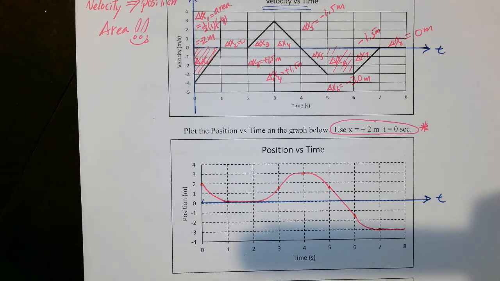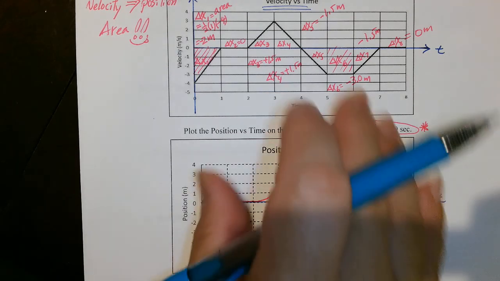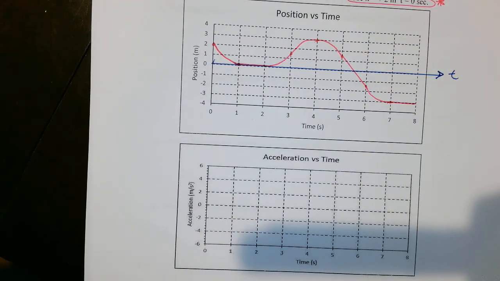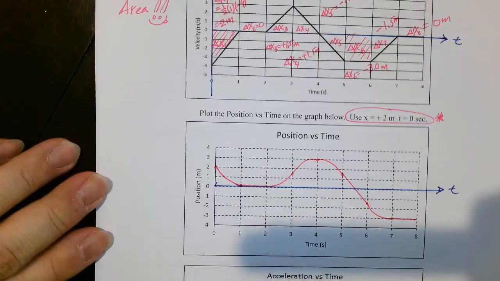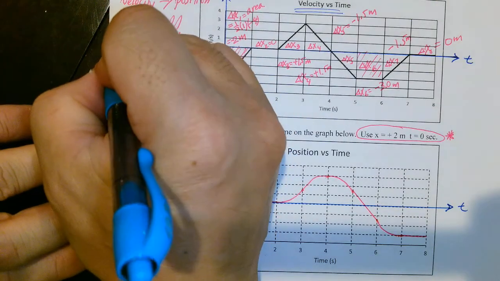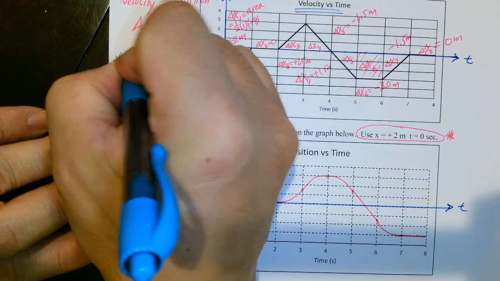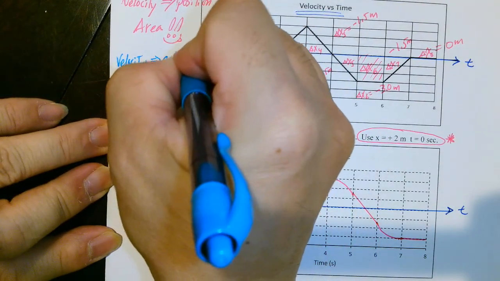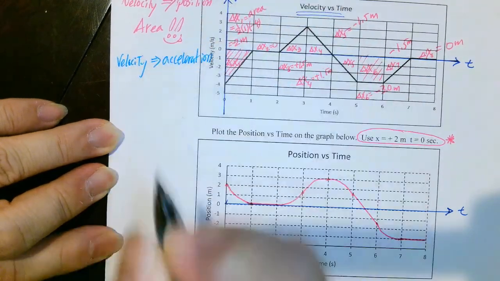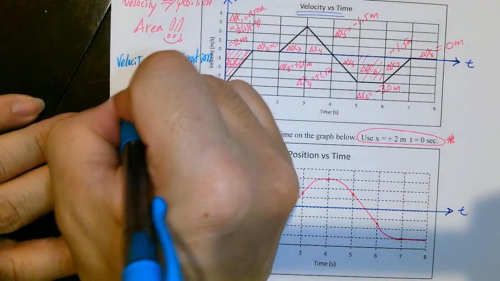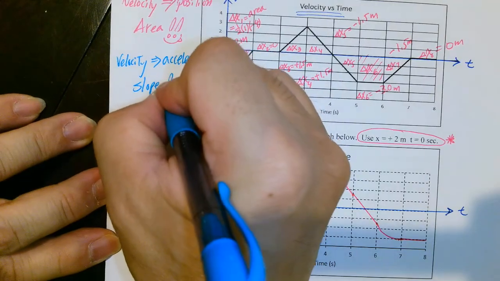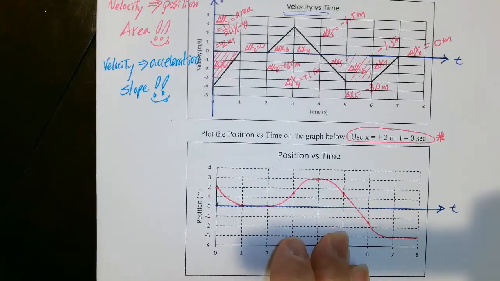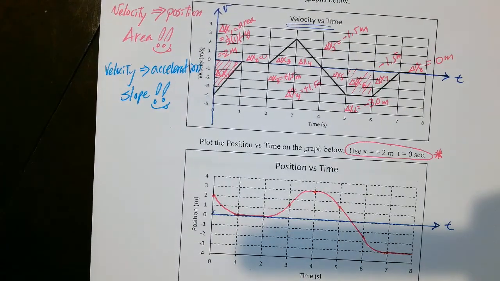Now, I'd like to go from velocity versus time graph to acceleration versus time graph. So to go from velocity to acceleration, I should find the slope of the velocity versus time.